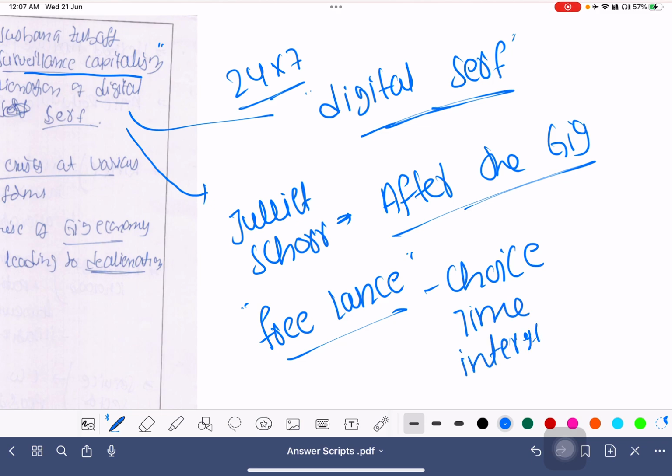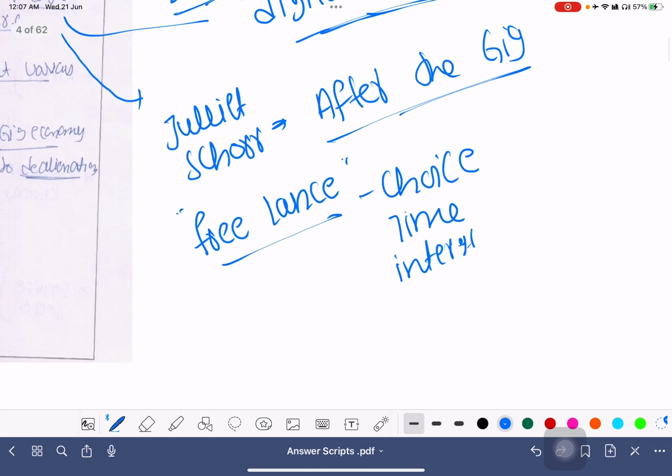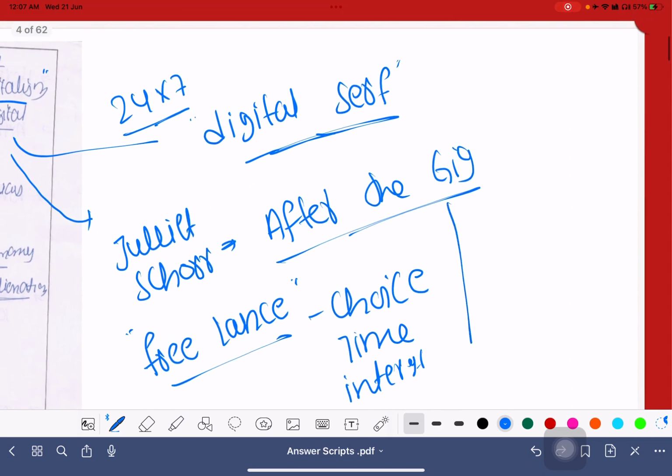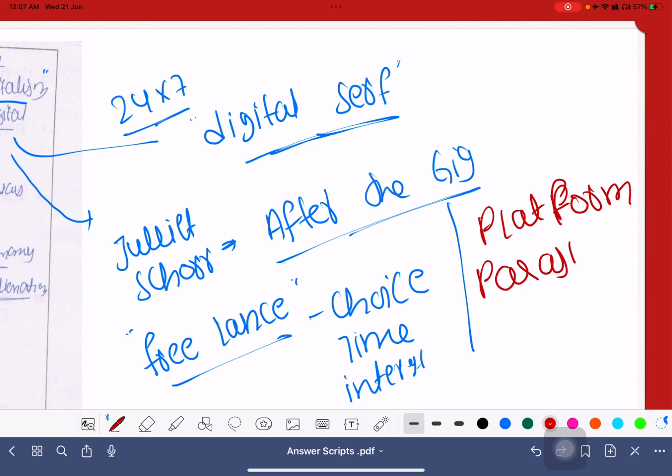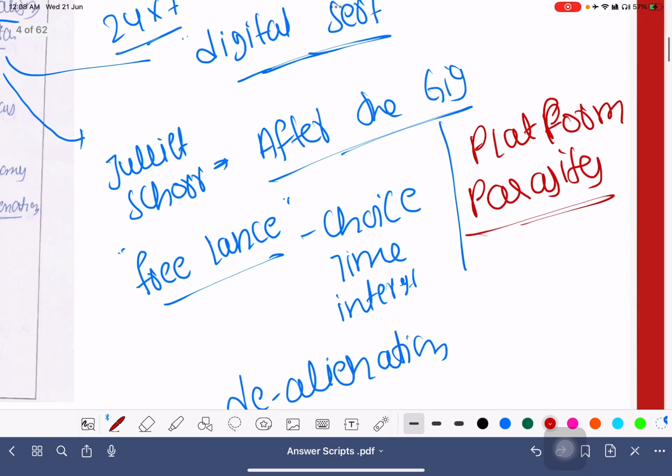So generally, it is believed that in the gig economy, instead of alienation, we see trends of de-alienation. But Juliet Schor says that the gig worker is at the mercy of platform parasites. Who are platform parasites? The aggregators like Ola and Uber, which are cab aggregators, Swiggy, Zomato, and all these things.